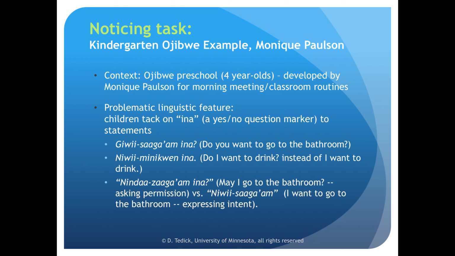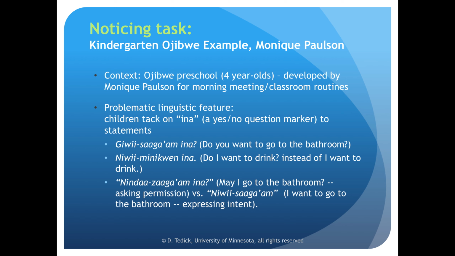Okay, let me give you some examples here. Now this was developed by Monique Paulson, an Ojibwe kindergarten teacher with the Wadukadading program up in Hayward, Wisconsin. These were actually 4-year-olds, or I think they were 5-year-olds actually, developed by Monique. And this was for morning meeting or classroom routines.